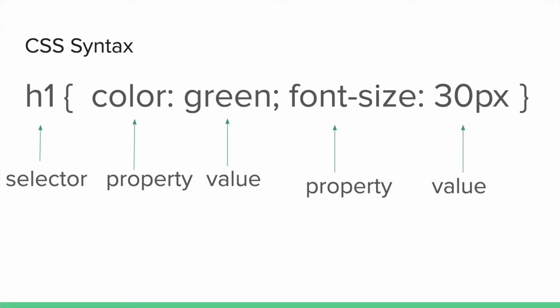The semantics don't really matter that much, but know you need to select something, choose something to change, and then define what you want that change to be. Font size is another property, and our value in this example is 30 pixels. So this would be a green, large piece of text for our H1, or heading 1.